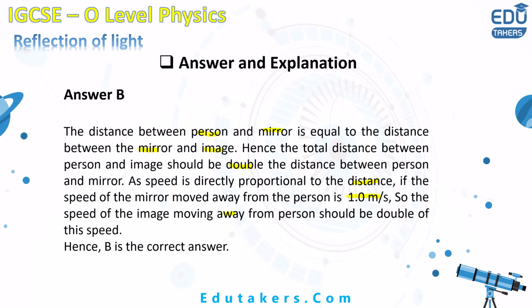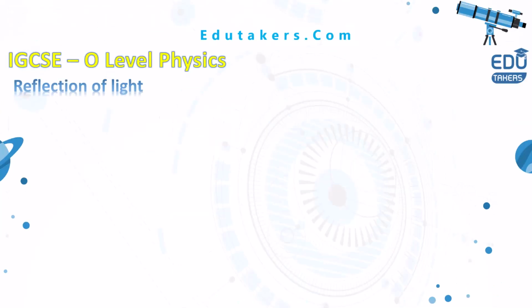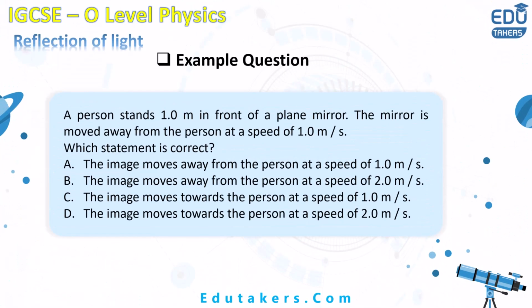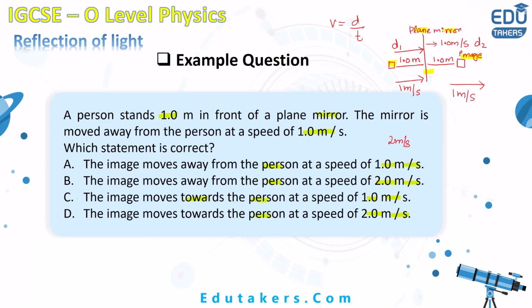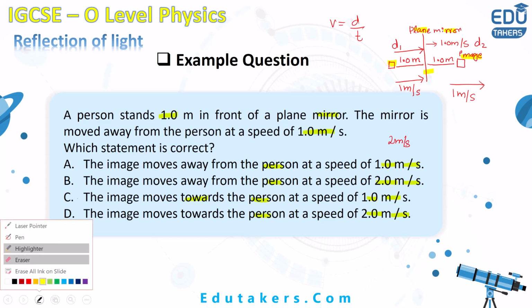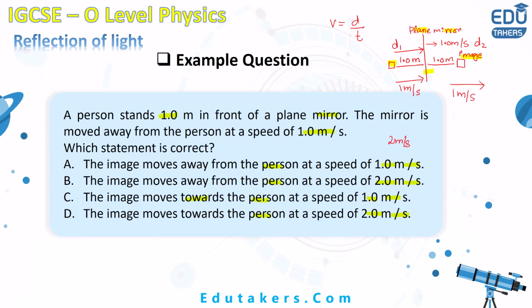That's why answer B is correct. Let's go back and see answer B. In answer B, you can see the image is moving away from the person at the rate of 2.0 meter per second. That's why answer B is correct.